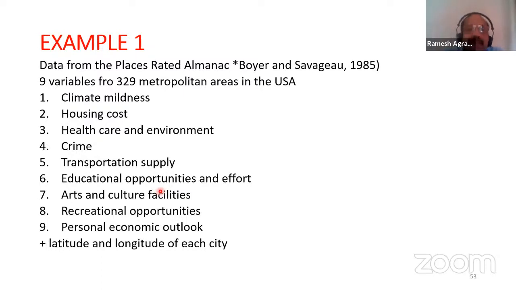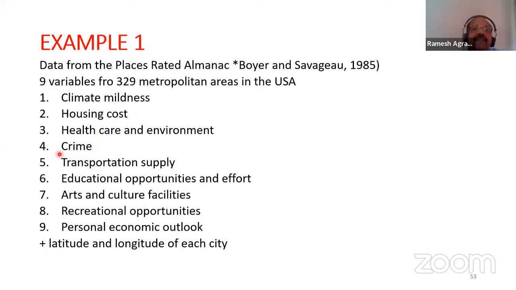Once you have collected the data, it is important that you dig into it and do exploratory data analysis to find out which of these 9 attributes are relevant for your analysis.